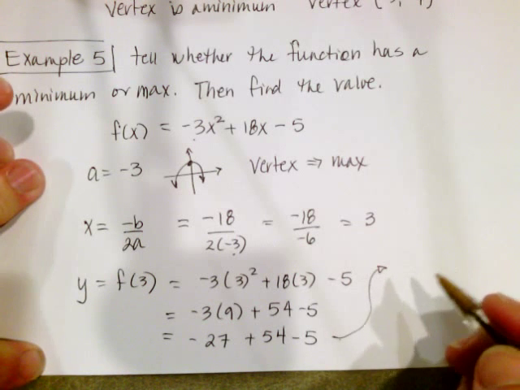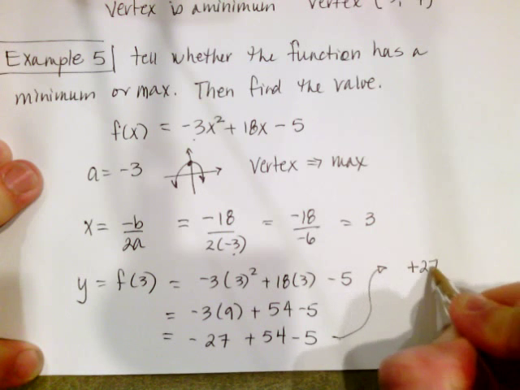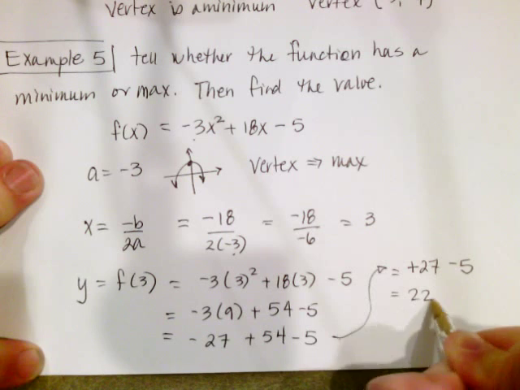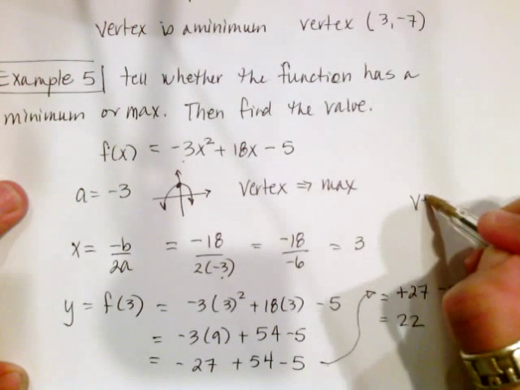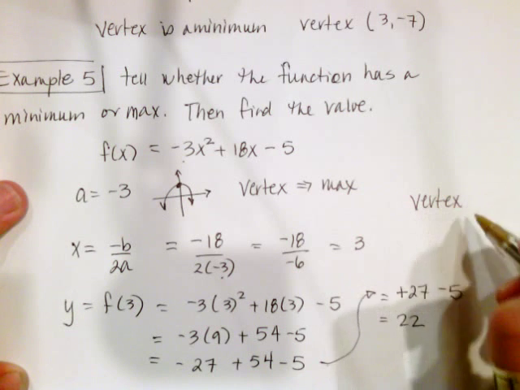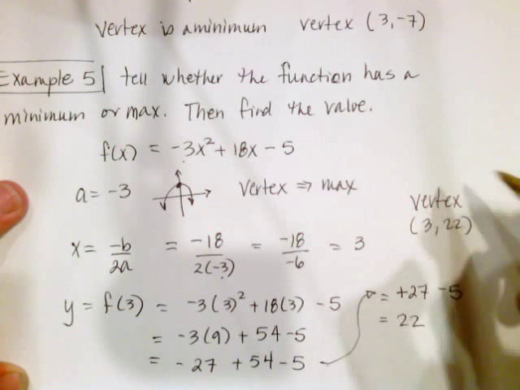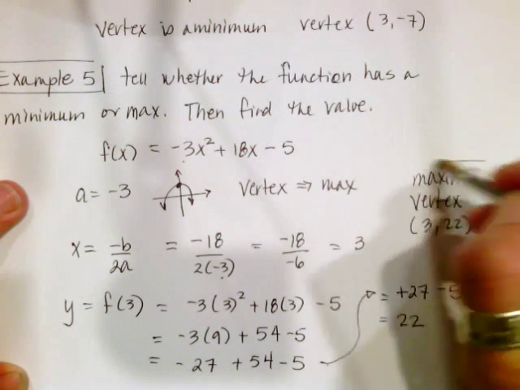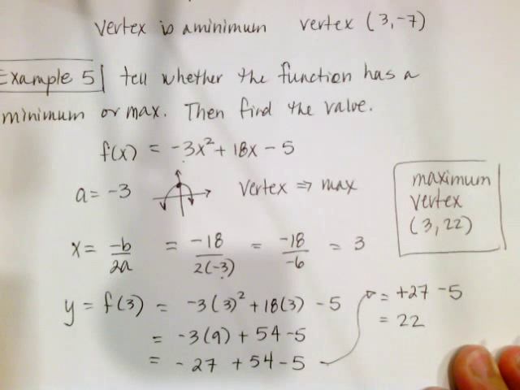And if I do this math, I'm going to get a positive 27 minus 5, and I'm going to get a positive 22. And then I'm going to write my answer up here. So my vertex is going to be 3, 22, and it is a maximum. And that would be the answer for that particular problem. Okay?